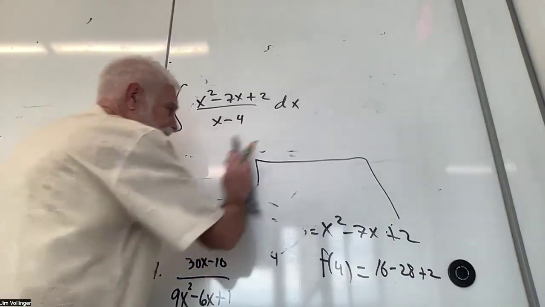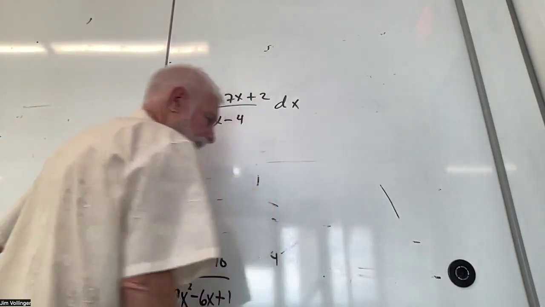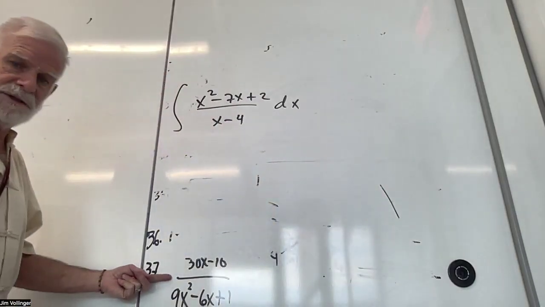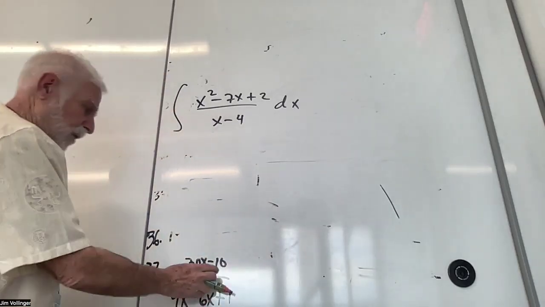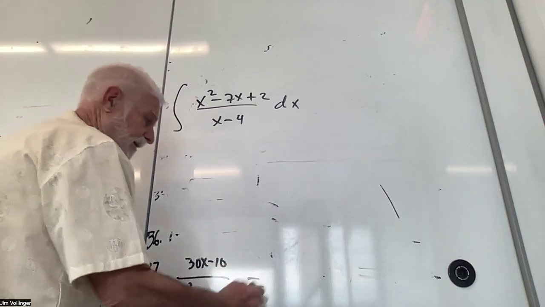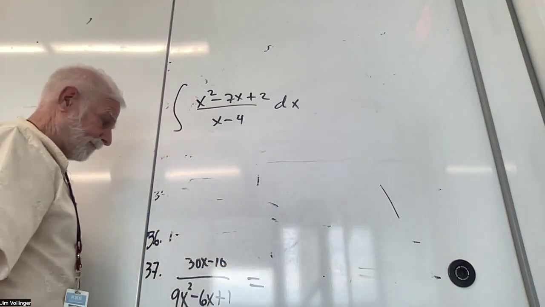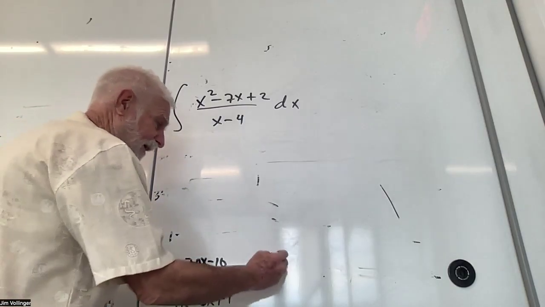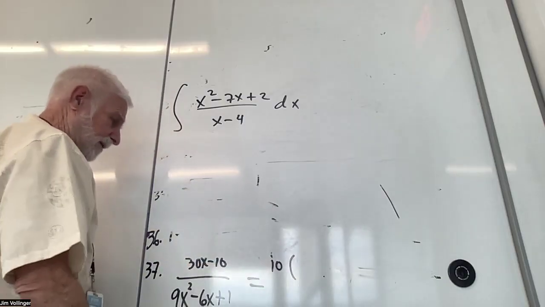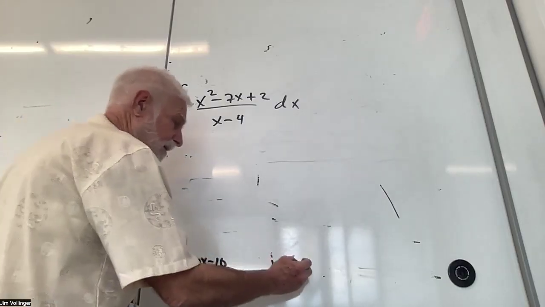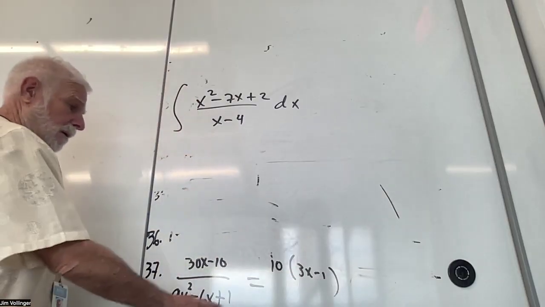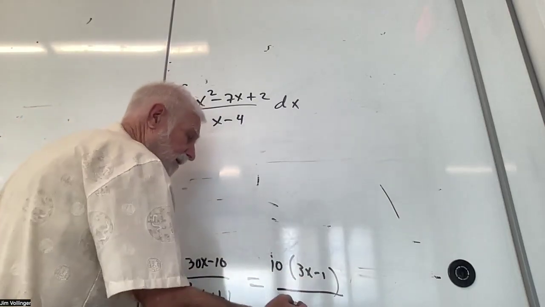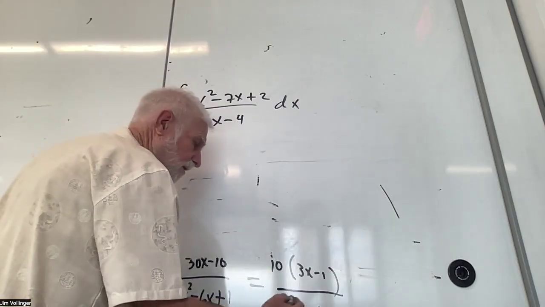How do you reduce fractions? Well, division. What's the inverse of division? Multiplication. So let's write this difference as a multiplication. Looks like 10 is the common factor. That's the first rule of factoring. 10 times 3x minus 1. Oh, are you recognizing a binomial square?